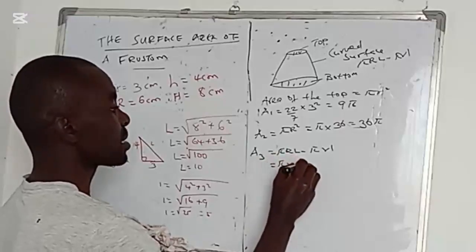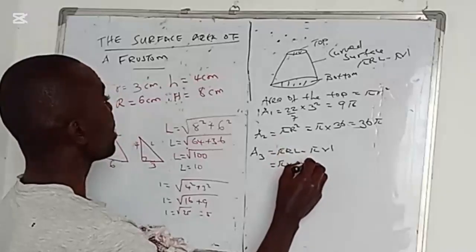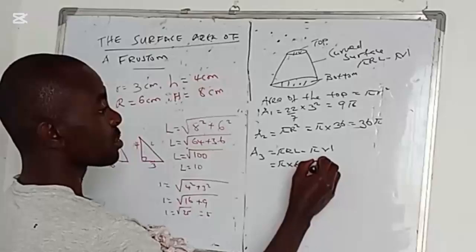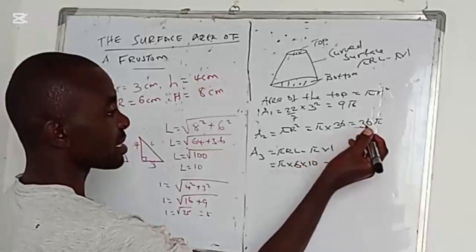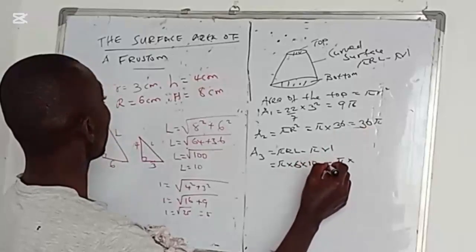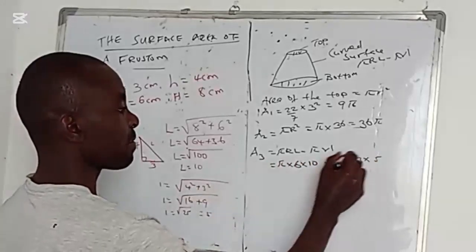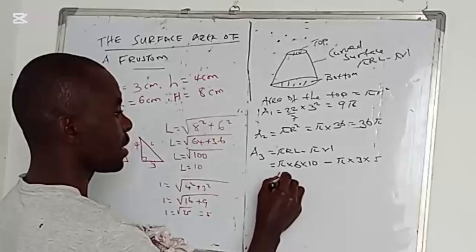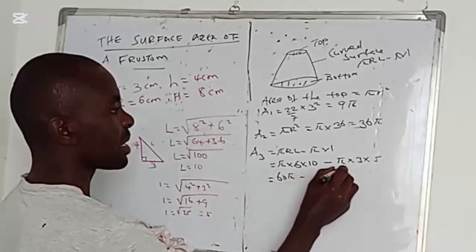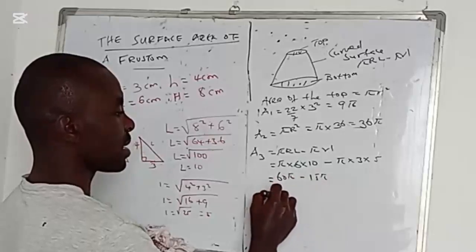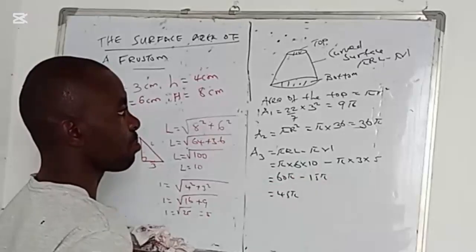My big R is 6. What is my big L? My big L is 10. The pi is still constant. What is my small r? 3. My small l? 5. Therefore, we have 60 pi minus 15 pi, which should give us 45 pi.